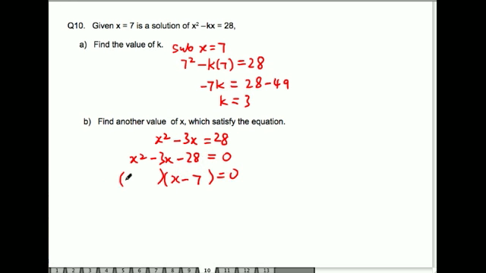Thus, the other factor must be x plus 4. Thus giving us the two solutions x equals minus 4 or x equals 7. Therefore, x equals minus 4 must be the other solution.